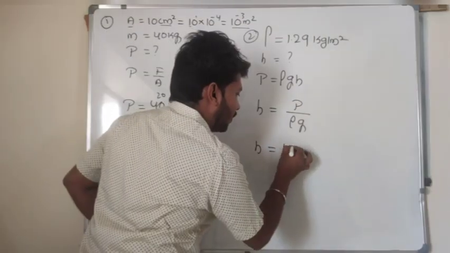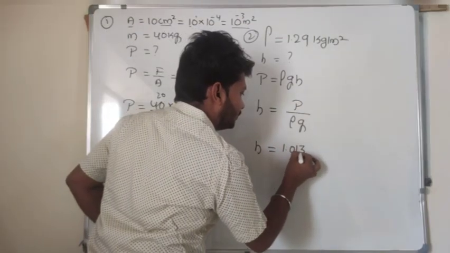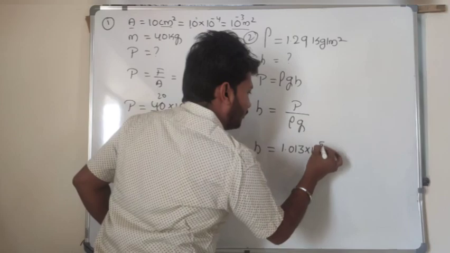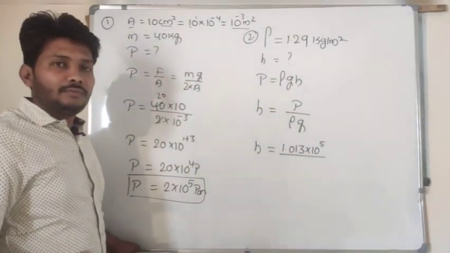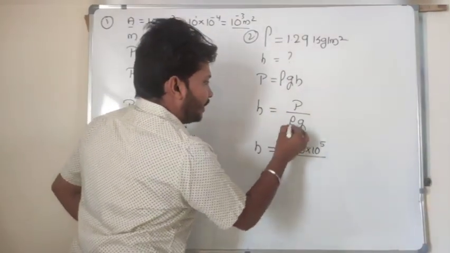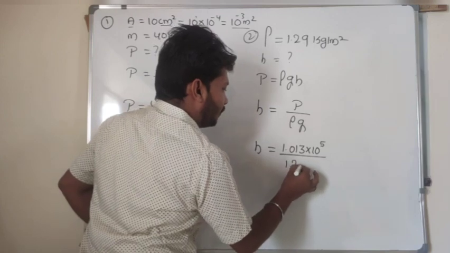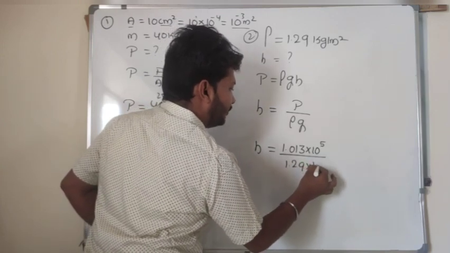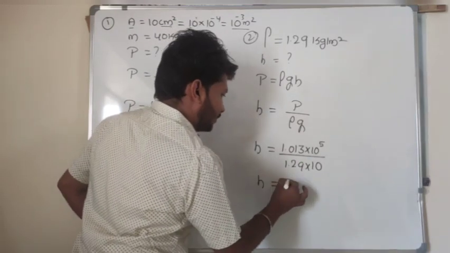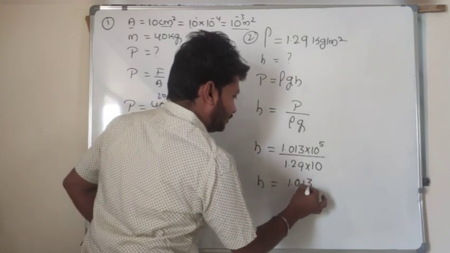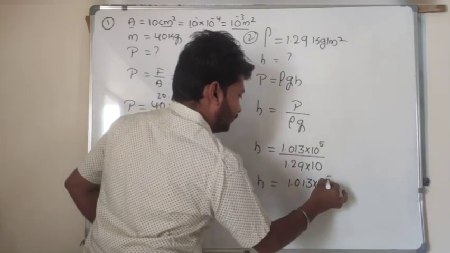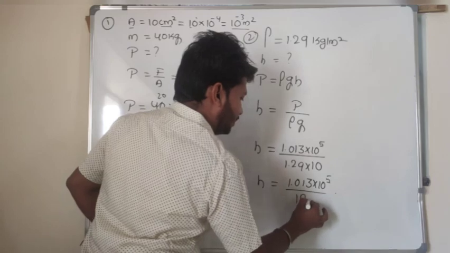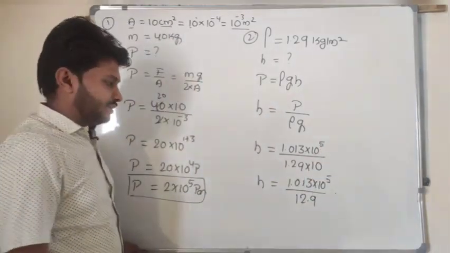We have the value 1.013 into 10 to the power of 5 as atmospheric pressure. This is a known thing, and rho value they mention 1.29, into g value 10. So h is 1.013 into 10 to the power of 5 divided by 12.9 we can consider.